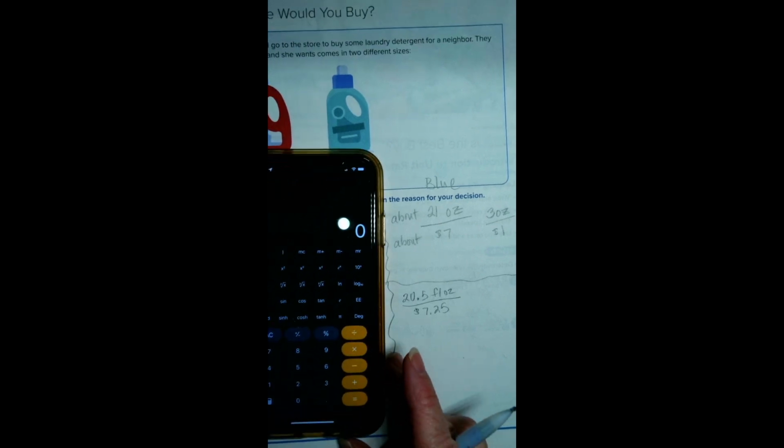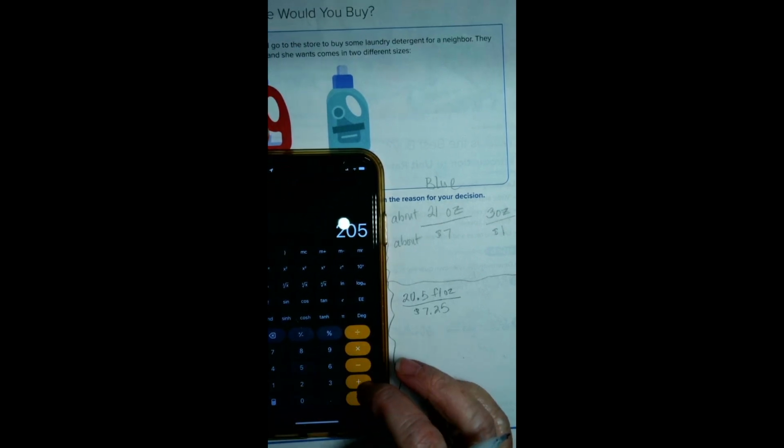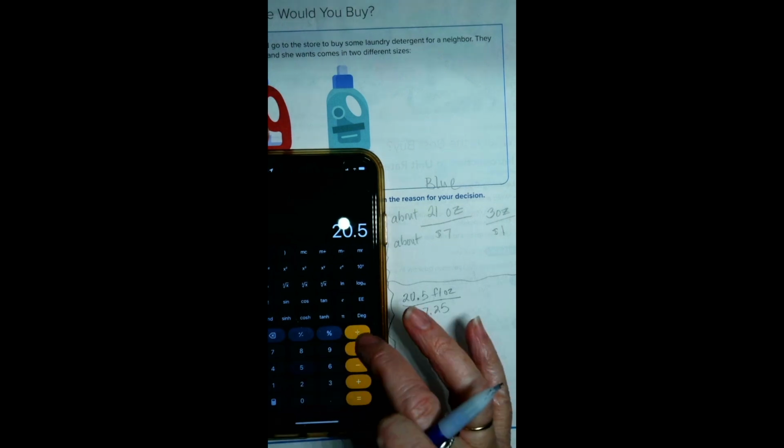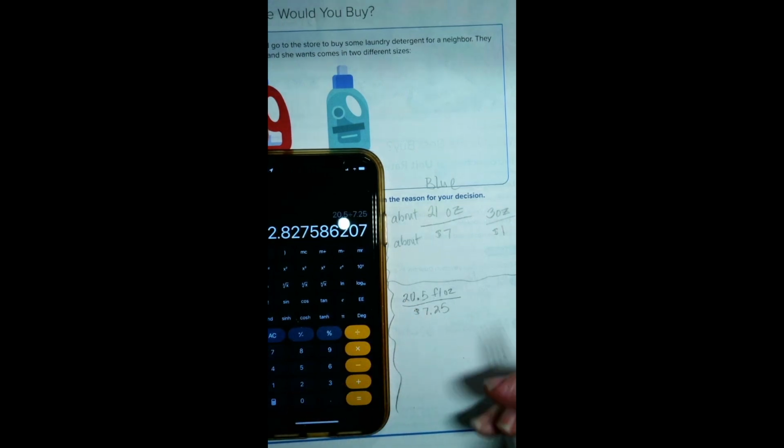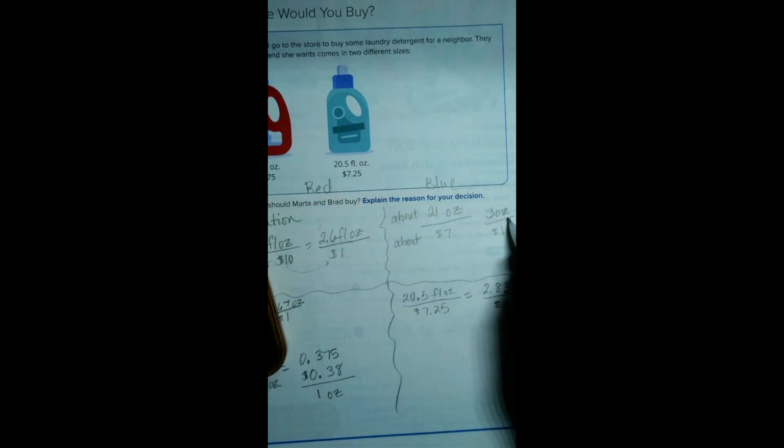And when we divide that, I'm just going to round it right away here, we get about 2.83 ounces per $1. So for every $1, we get 2.83 ounces. And again, that's fairly close to our estimate of 3.